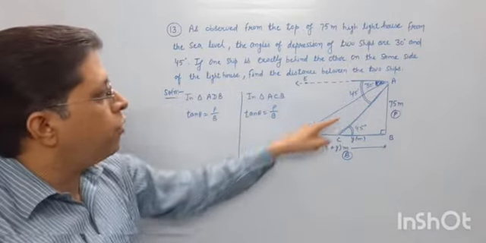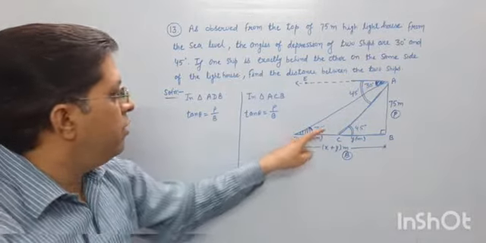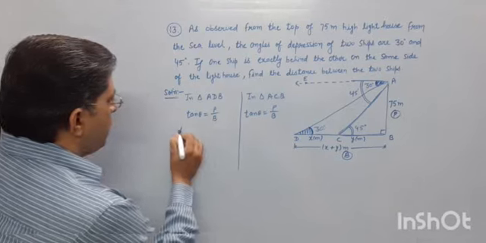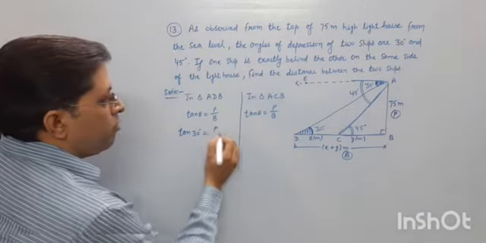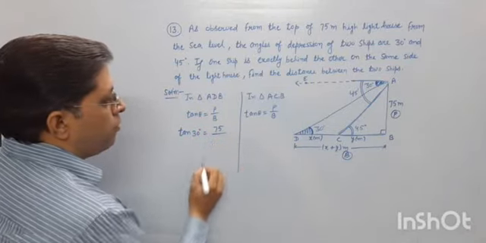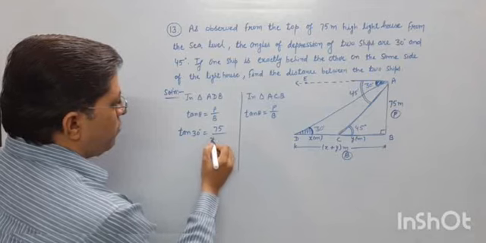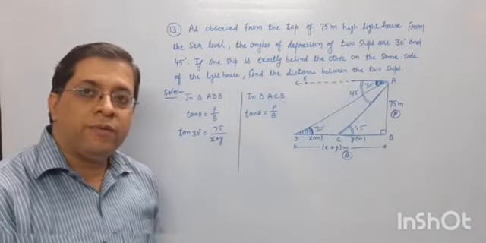Okay, come on for ADB. Perpendicular upon base, angle is 30 degree. See, tan 30 degree, perpendicular is 75, no? This is 75 upon base, which is your x plus y. And what is tan 30?